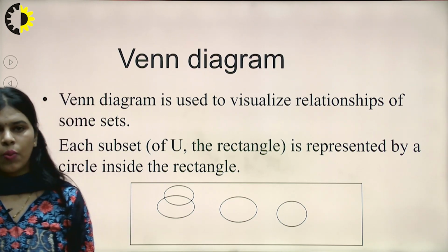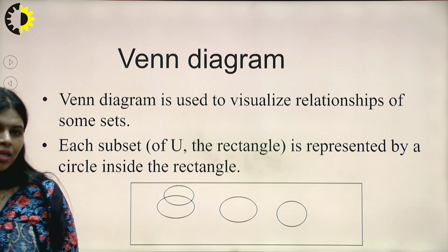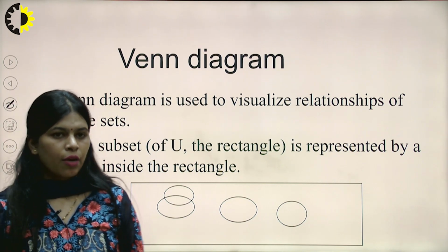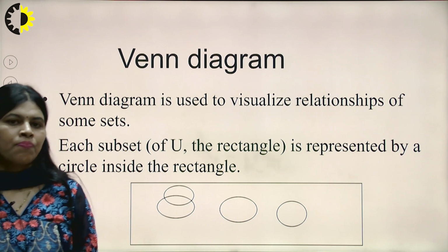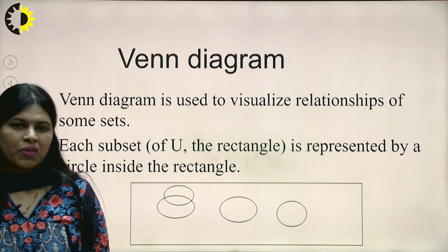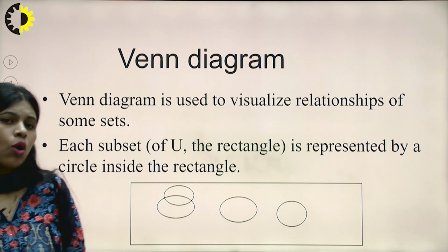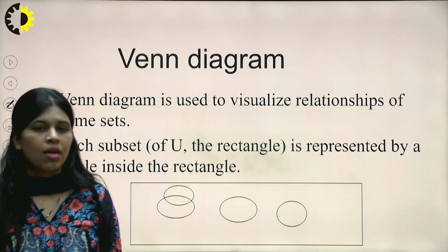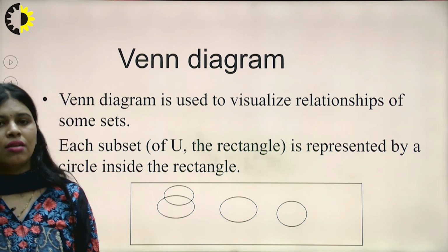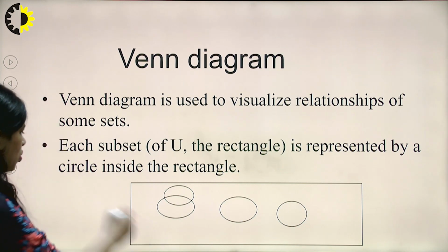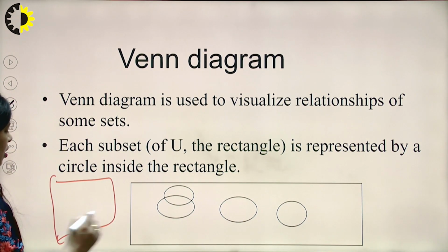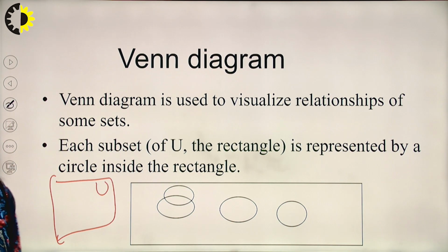The second point is that the rectangle U means the universal set. The universal set is the set where all the elements are represented, and it is denoted in rectangle form.